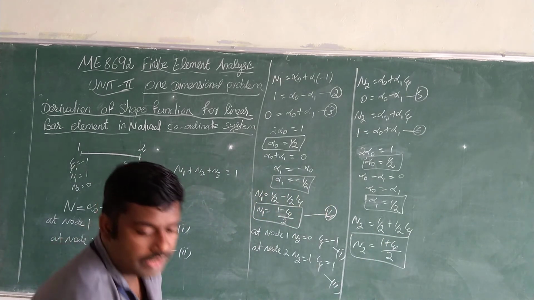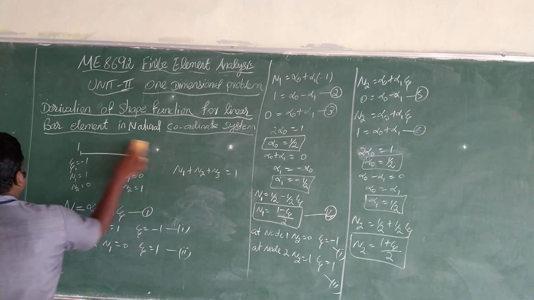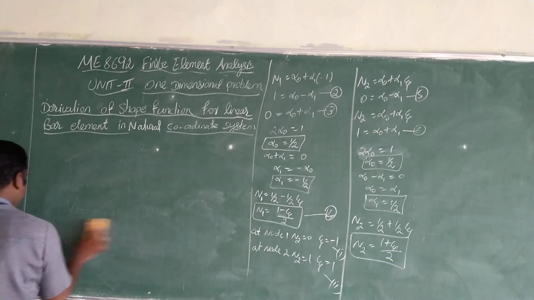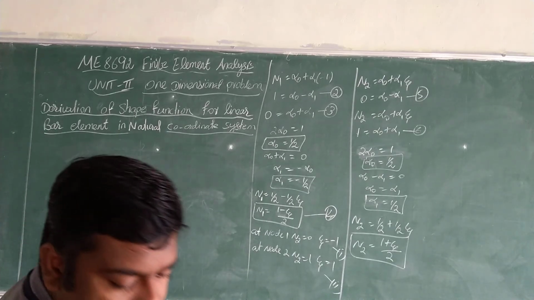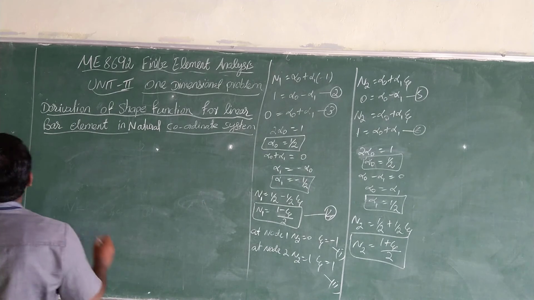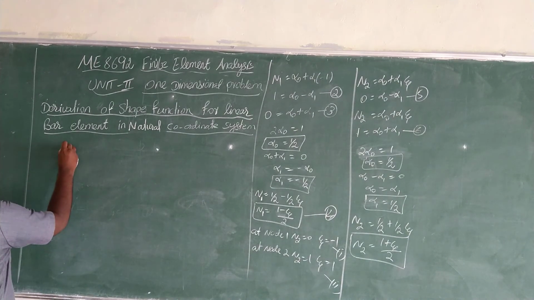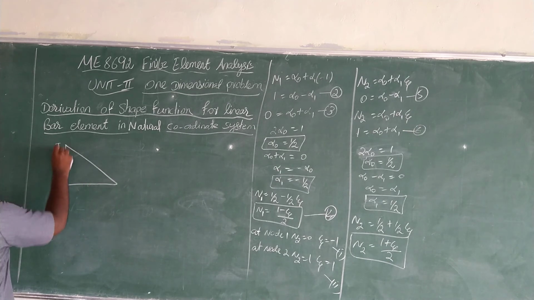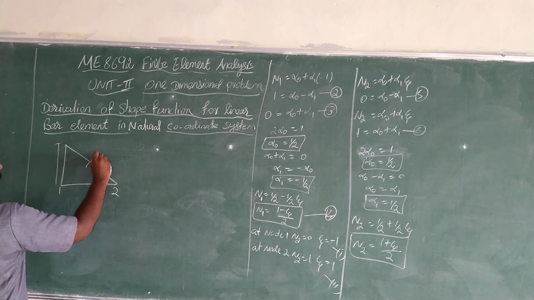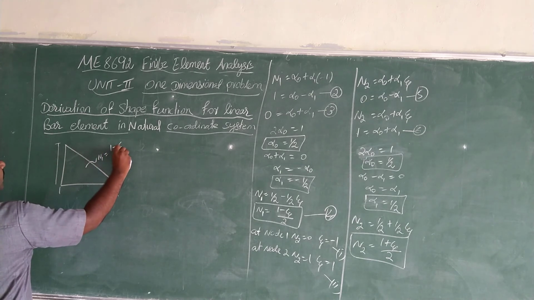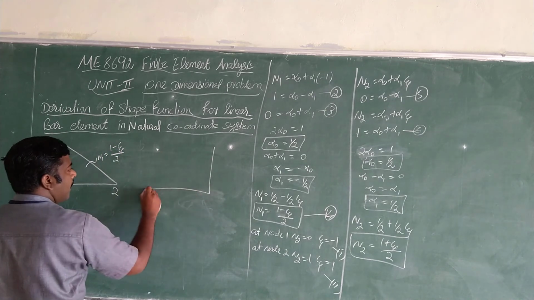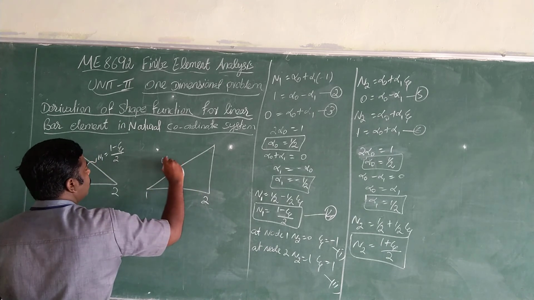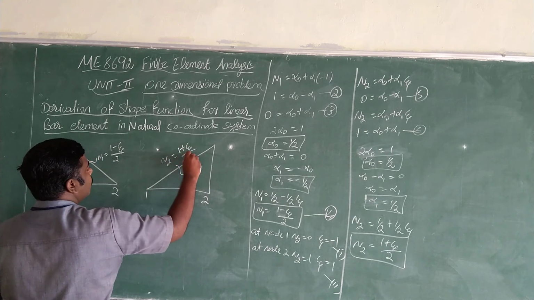And next, here I am going to draw the variation of shape function for the linear bar element. We know the variations: n1 equal to 1 minus psi by 2, n2 equal to 1 plus psi by 2.